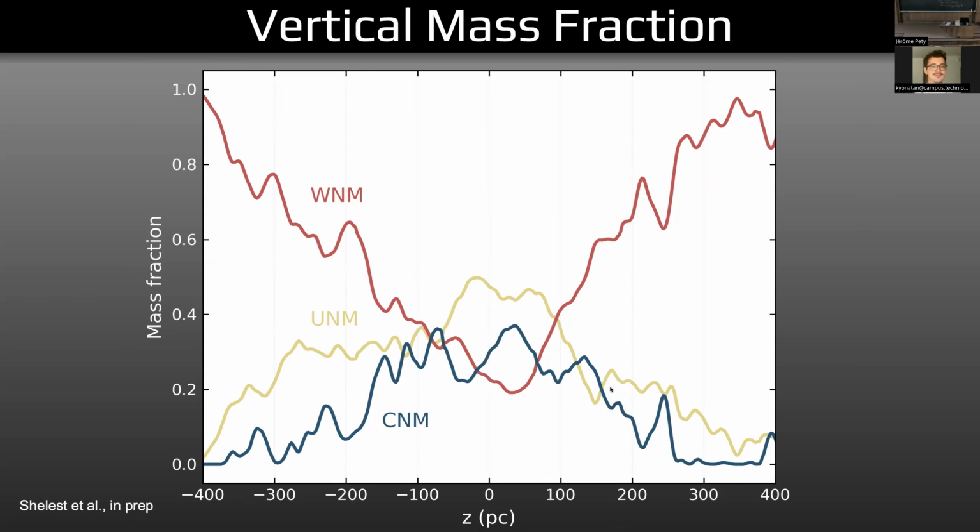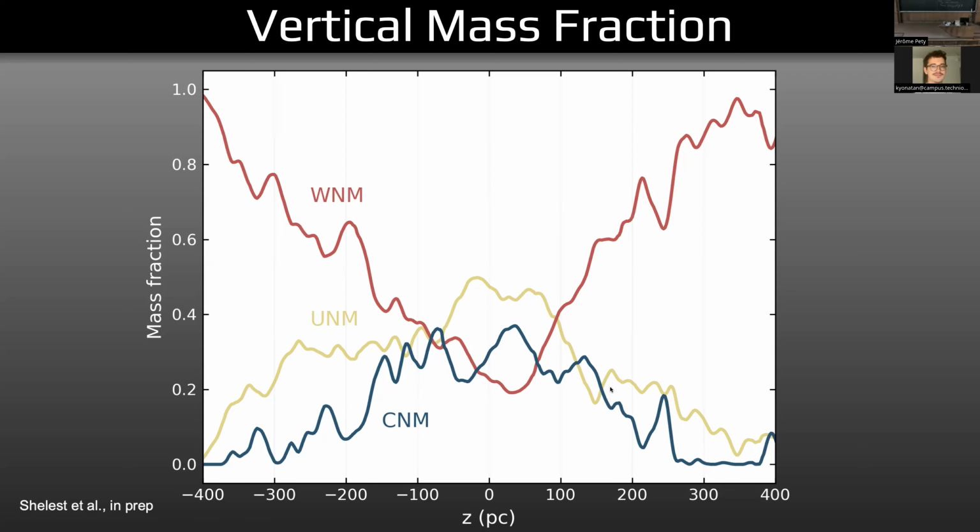Okay, now let's analyze this plot a bit further. Let's take a look particularly at the UNM line. What's particular about this is that classical models expect that near the midplane, the CNM should dominate. Not only that, but UNM in classical models acts as just an interface, so it should not contribute so much mass to the total mass fraction.